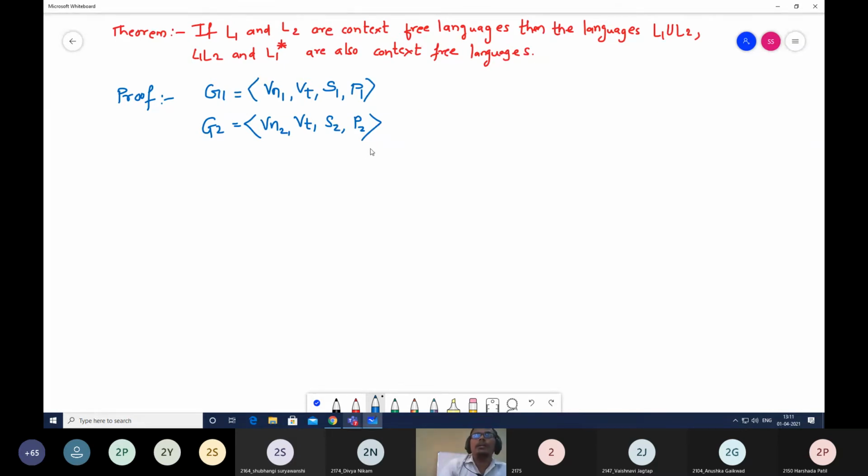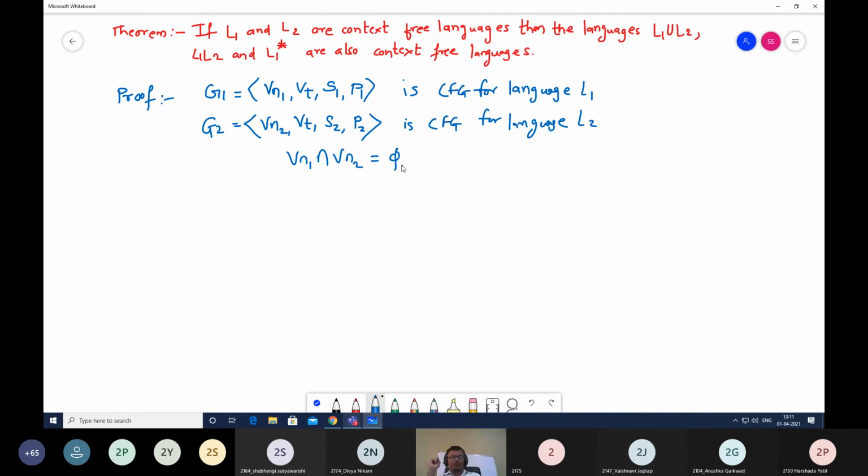This G1 grammar is a context free grammar for language L1, whereas this G2 is the context free grammar for language L2. We also assume that there is no non-terminal common between the two.